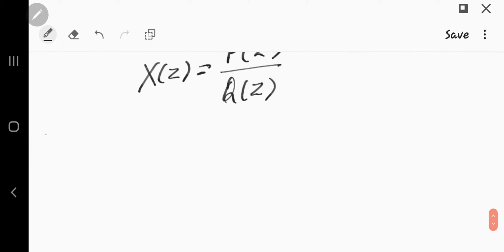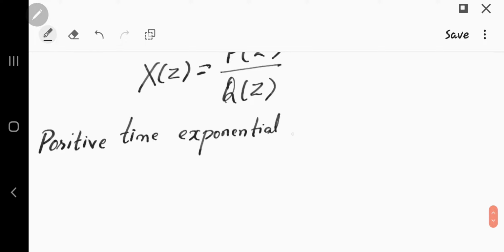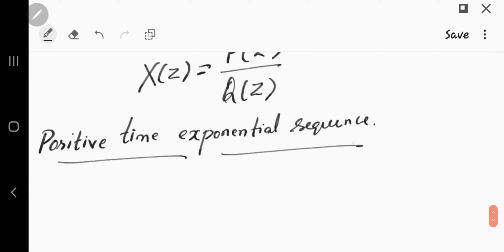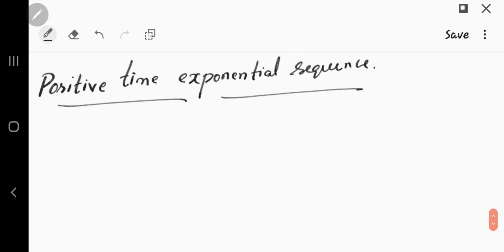and as in the previous case, here also we are considering the positive time exponential sequence. So we are going to find the Z transform of this, and we are going to find the ROC. Okay, so let x of n is equal to alpha n into u of n.